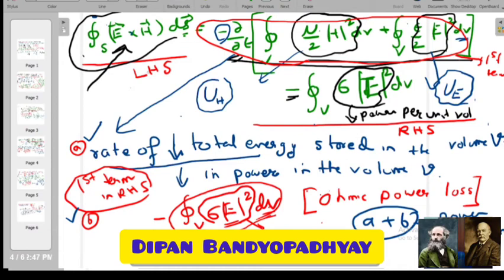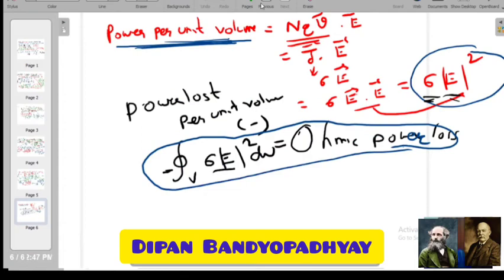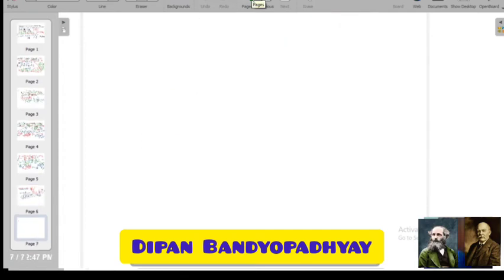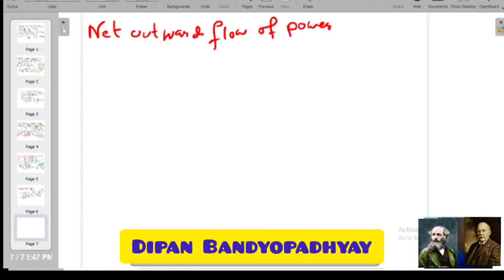That is what this total equation is signifying. So the net outward flow of power, or net outward power, say W, capital W, should be your left hand side of the equation: the surface integral of E cross H ds.